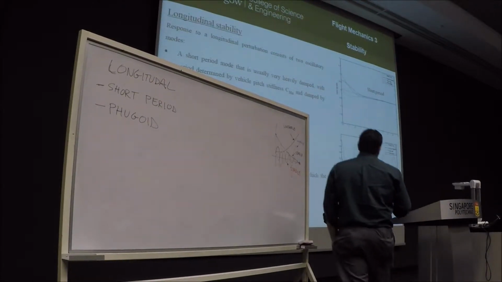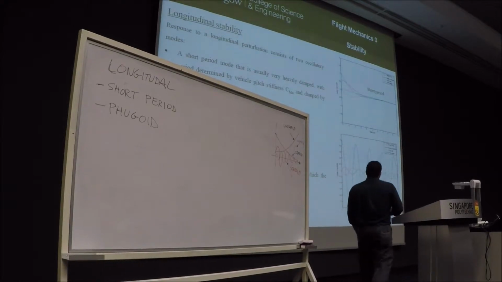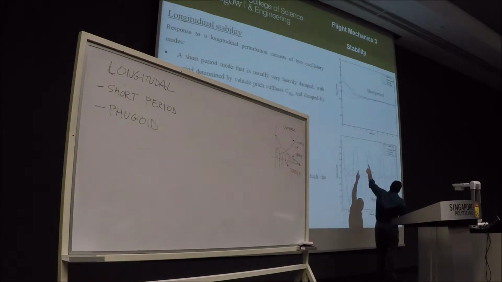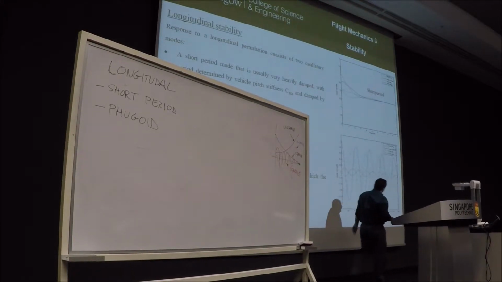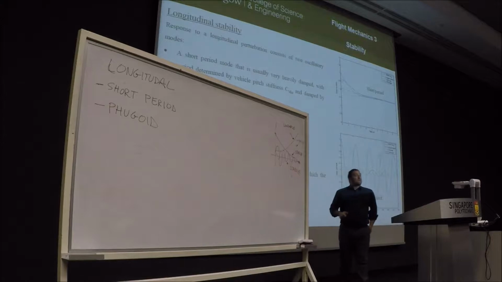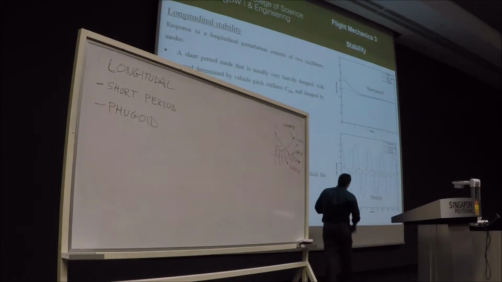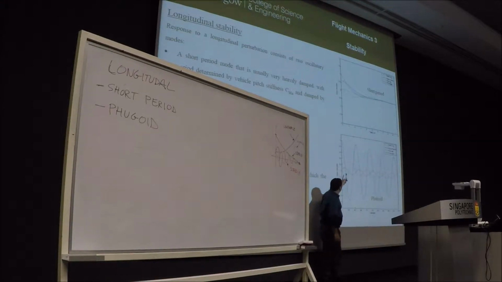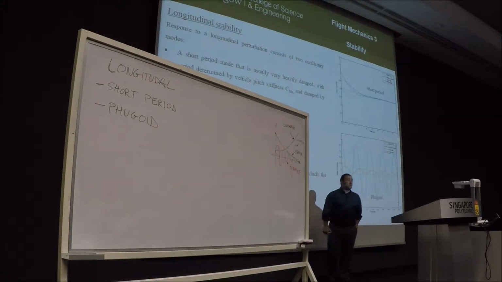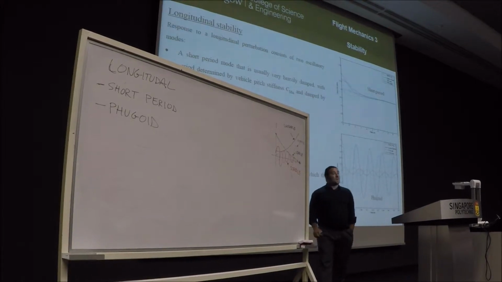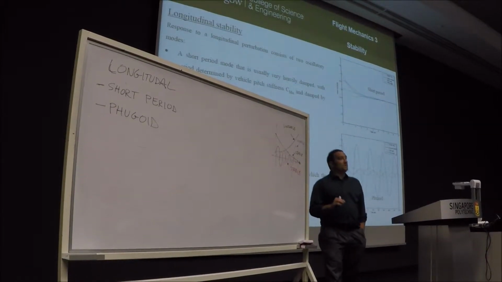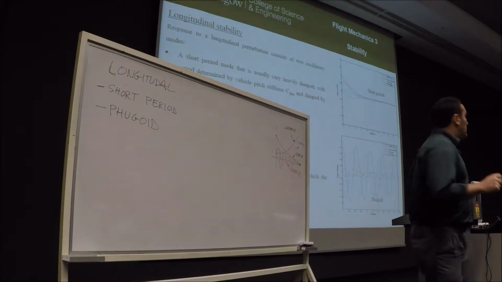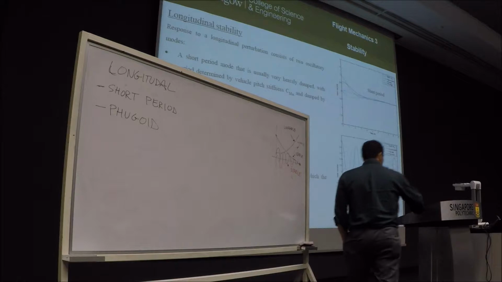So you can see here that the speed has a sinusoidal mode, while the red, which is the angle of attack, is almost constant around 0. Okay, so angle of attack in the case of a phugoid remains almost constant, but velocity oscillates quite substantially.